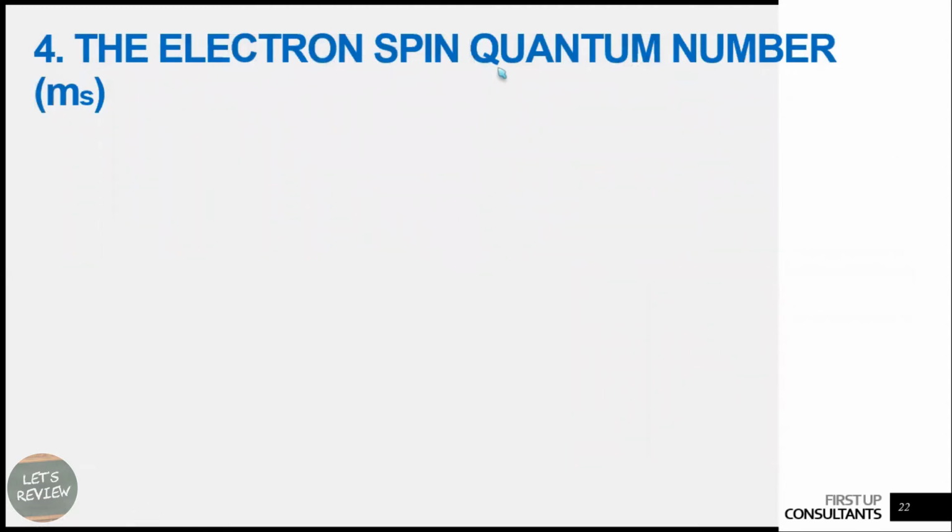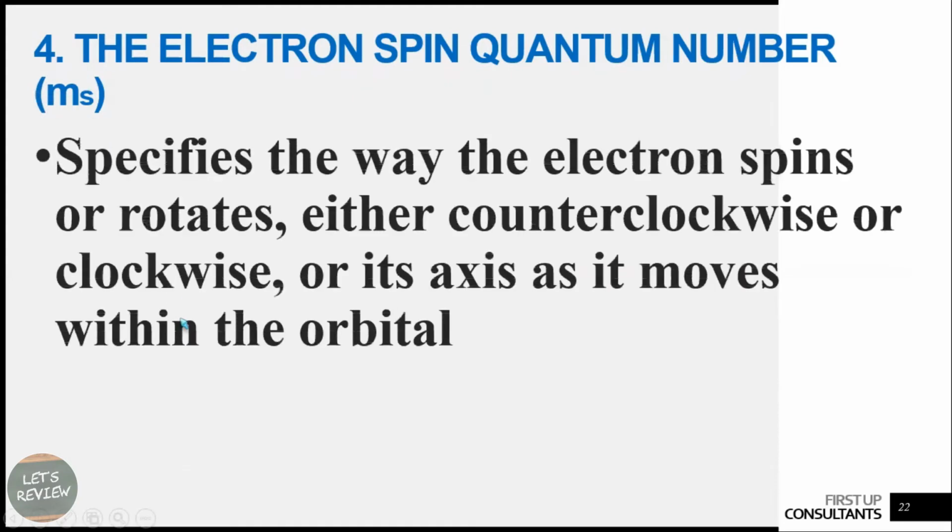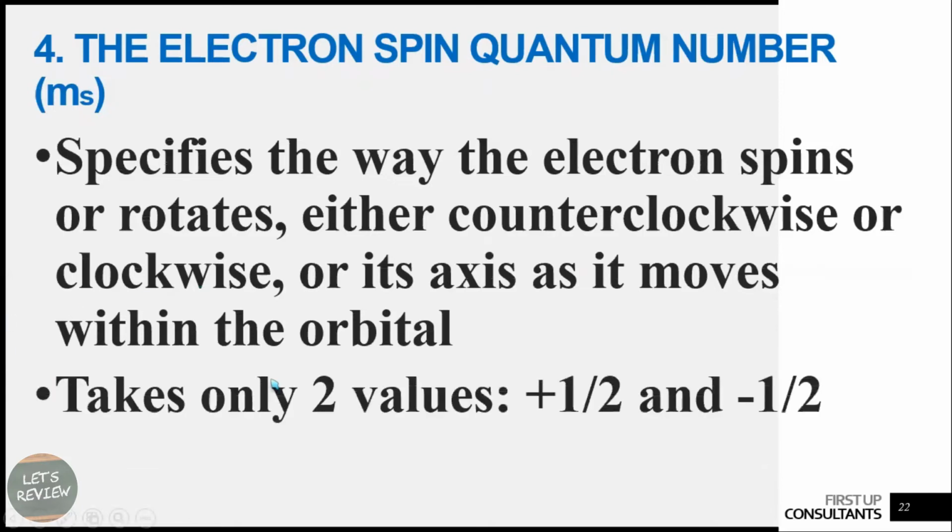Last, what about the electron spin quantum number, the symbol is MS, representing the spin. It specifies the way the electron spins or rotates, either counterclockwise or clockwise, on its axis as it moves within the orbital. It takes only 2 values.